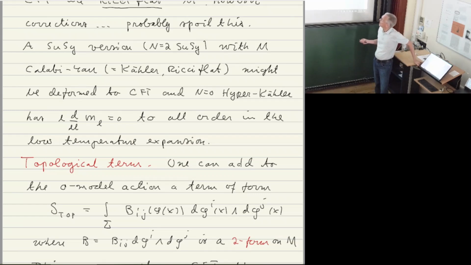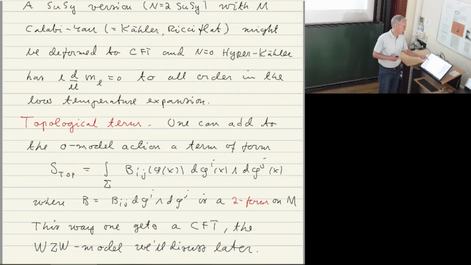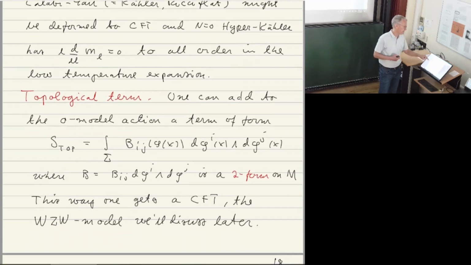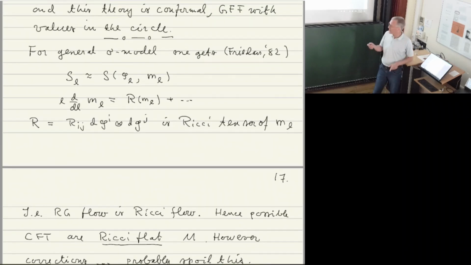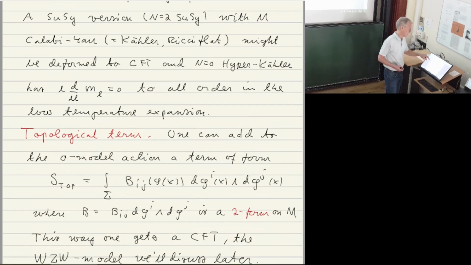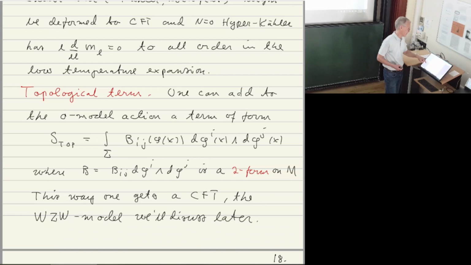There are some examples where you might have some chance of getting a conformal field theory, but not really. There are cases where you can compute this order by order, and this small parameter, the flow equation, and all the terms seem to be zero, so in that case you might expect that there could be a conformal field theory there.